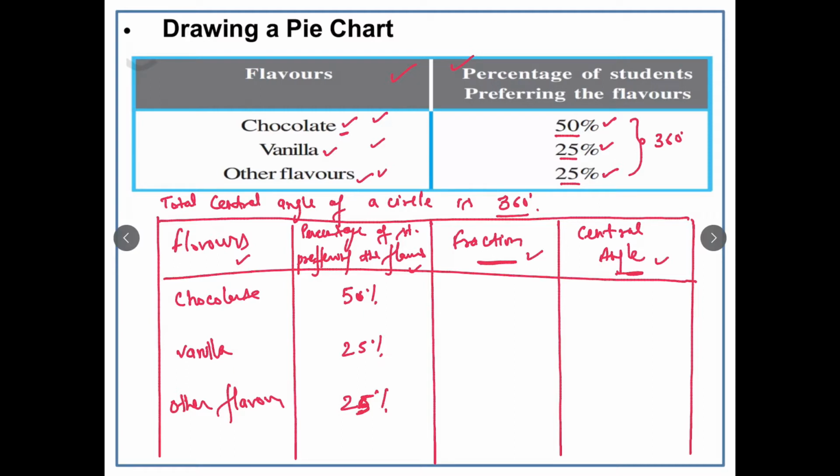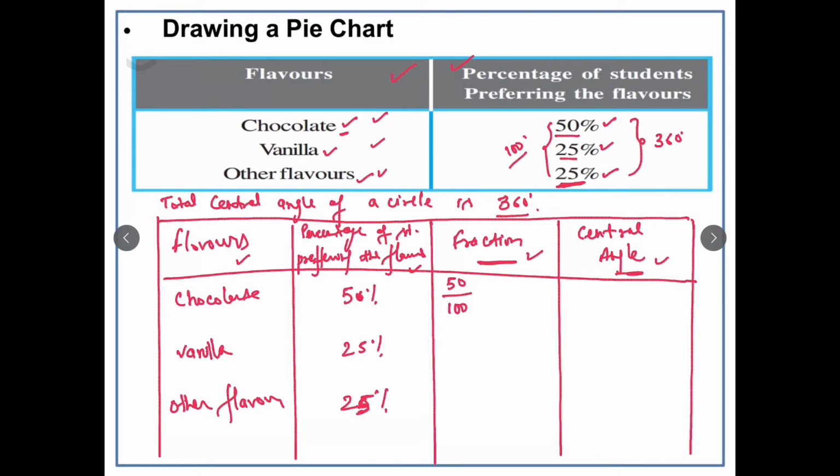Fraction means, as we know, the total percentage of anything is 100. That means you can also see that the sum of these three categories is 100. So its fraction will be the given percentage, which is 50, divided by 100, which is the total of all categories.